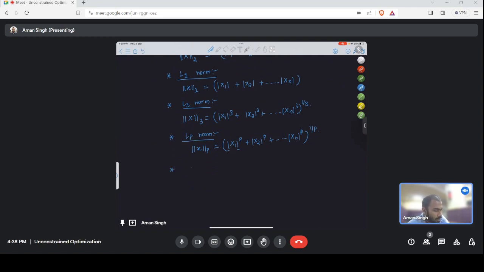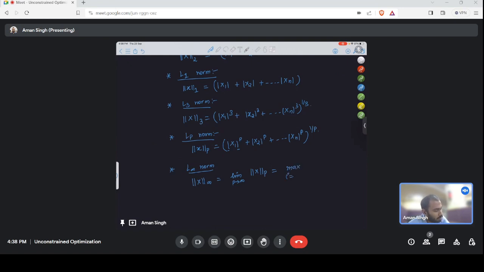And in this pattern, we can also define something called the L infinity norm. The L infinity norm is just the limit of p tending to infinity of the Lp norm, which means you'll be left with the max.